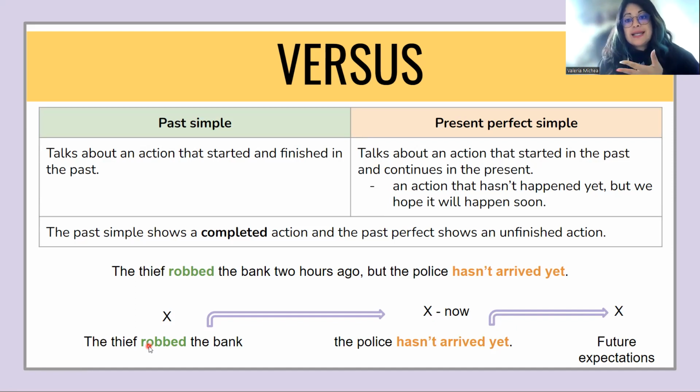We think that the police can arrive in the future. We just have to wait. So the thief robbed the bank and the police hasn't arrived yet, but it may arrive soon. So that's the difference, all right? With the present perfect simple, you have an action that is open, it's unfinished, it's not completed yet.